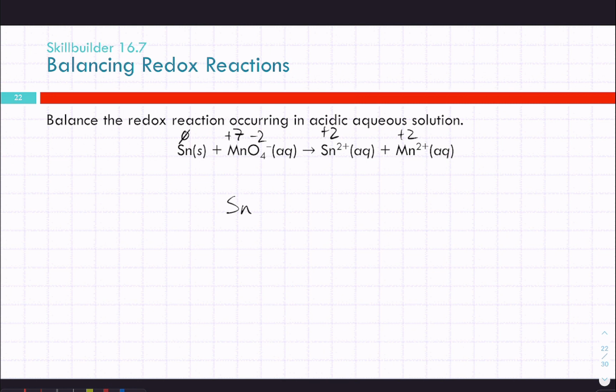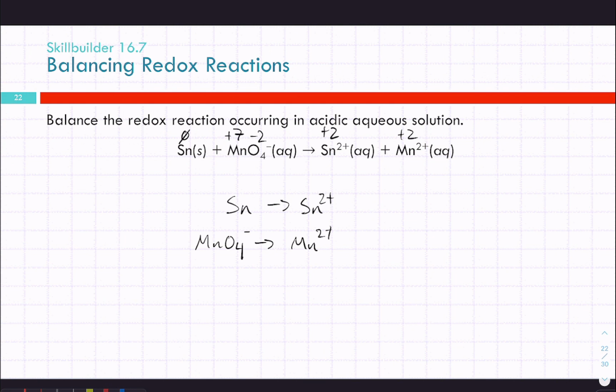That makes our other reaction, reduction: MnO4 minus.